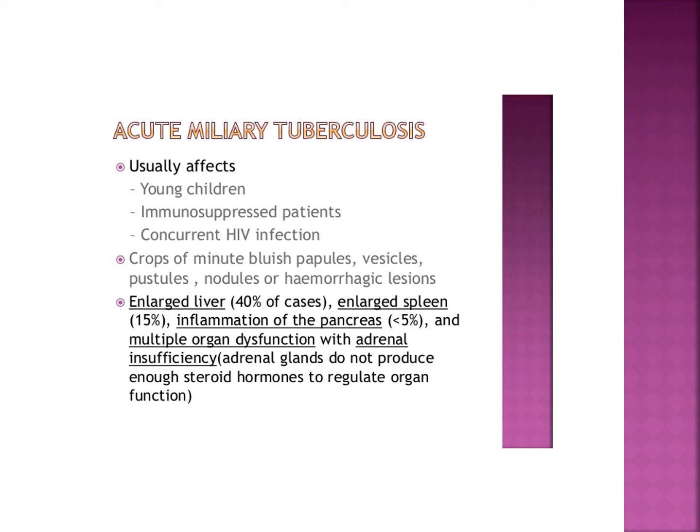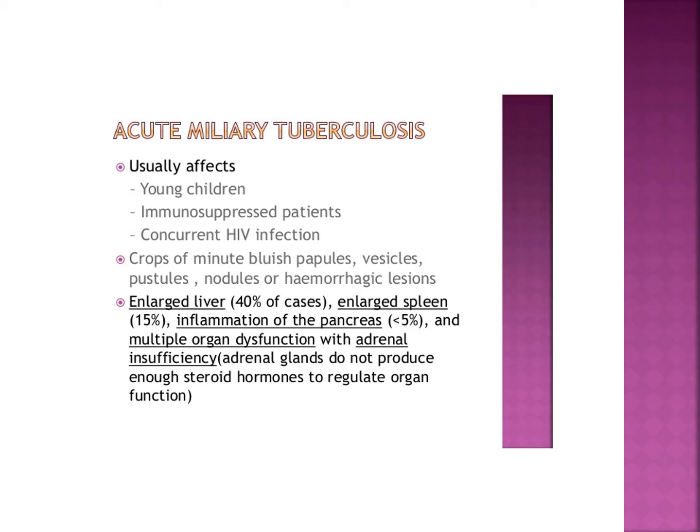Here we see minute bluish papules, vesicles, or hemorrhagic lesions, which are not usually a feature of tuberculosis. So it is difficult to suspect this type of tuberculosis clinically until we confirm our diagnosis with PCR or other tests, which we'll discuss later in the lecture.